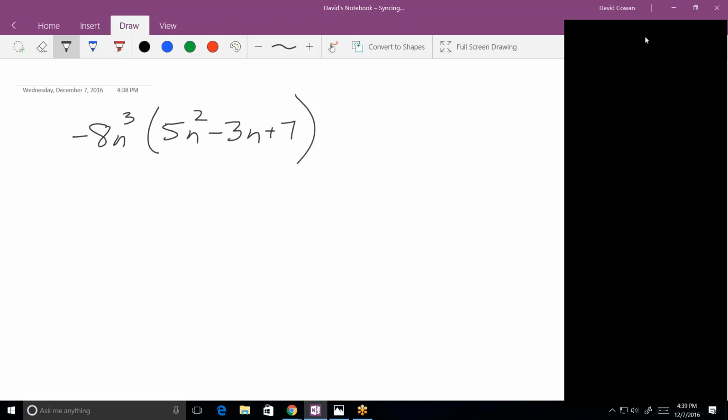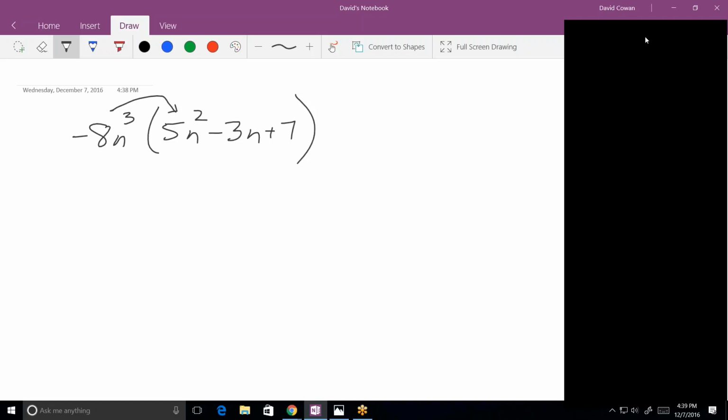Would you distribute the negative 8n cubed into each term? Yeah. And in so doing, you basically are removing the parentheses. So what's the next line? In other words, what is this term times that term?